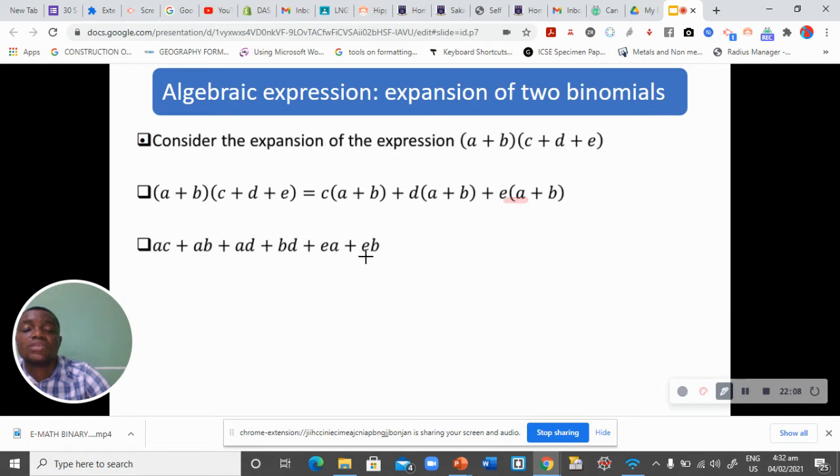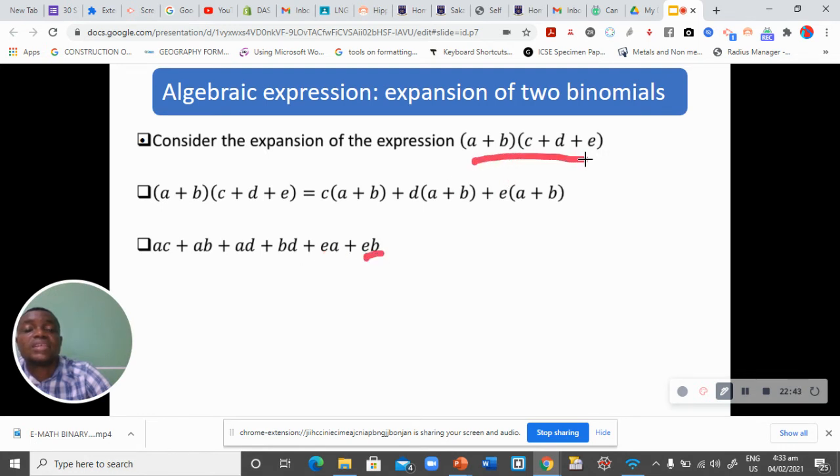Then the same e will multiply b, eb. So here c times a, which is ac. Then here c times b will be cb. Then d times a will be ad. Then d times b will be bd. e times a will be ea. Then e times b will be eb.